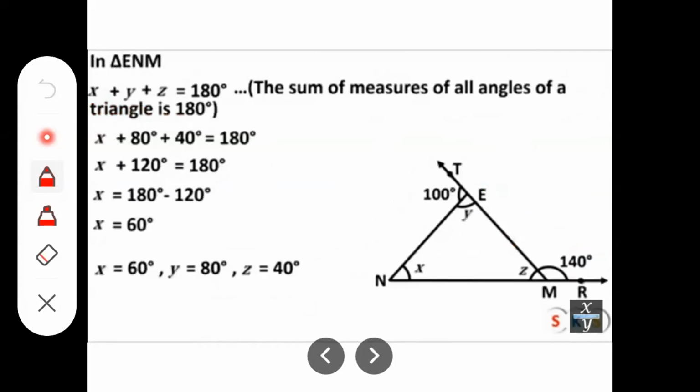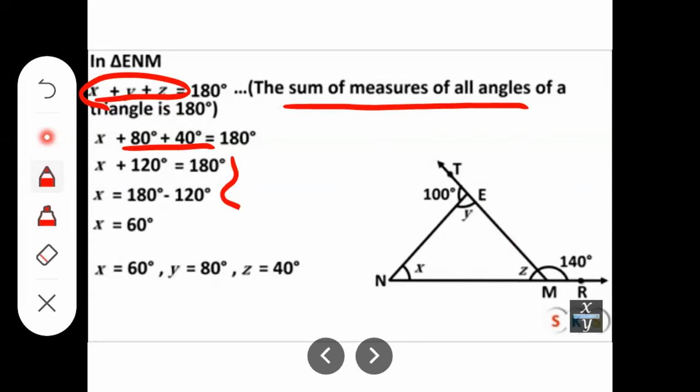So use the property, add all the values: x plus y plus z equals 180 degree. Put in the values we got, two of the values we know, and do all calculations there. Here, the value of x will be 60 degree. See this step of calculation here.